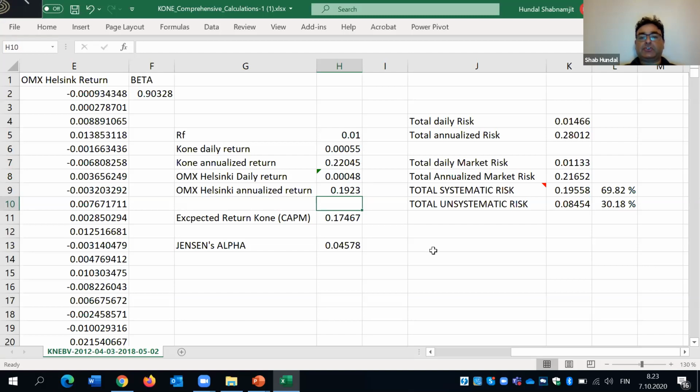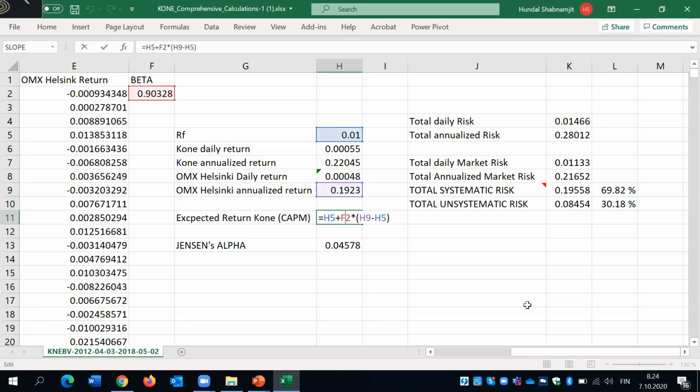And here comes the real show. Here we go. This is beta, basically, which means that your H5 is the risk-free rate plus F2, which is beta, multiplied by the bracket, H9, which is the annualized index return, minus H5, which is the risk-free rate.